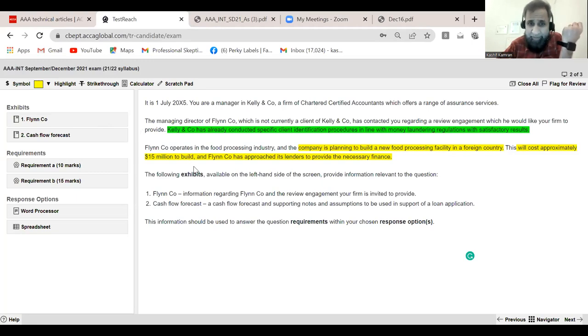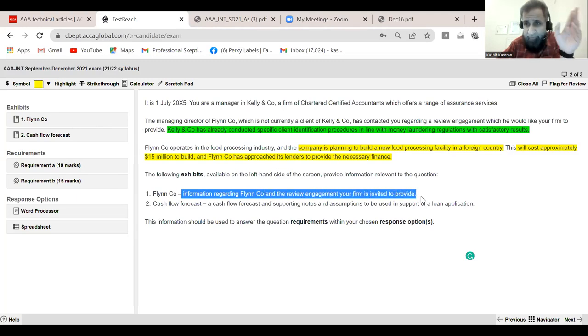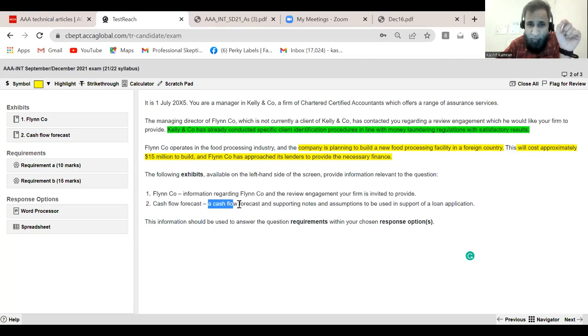The following exhibits are available on the left-hand side, exhibit number 1 and 2. Exhibit number 1 contains information regarding Flynn Company and the review engagement your firm is invited to provide. The second exhibit is about a cash flow forecast, and the supporting notes and assumptions used for a loan application.